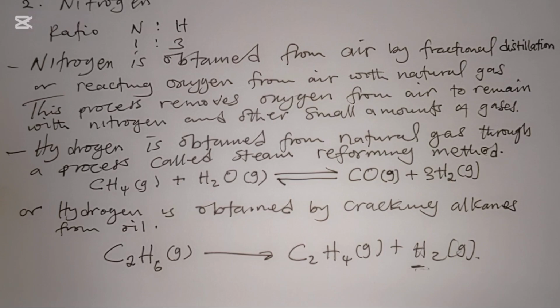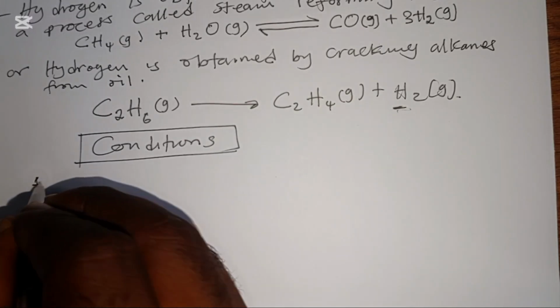There are conditions that are needed in the preparation of ammonia using the Haber process. There are three conditions. Condition number one, we need a suitable temperature of about 500 degrees Celsius. Number two, pressure of 200 atmospheric.